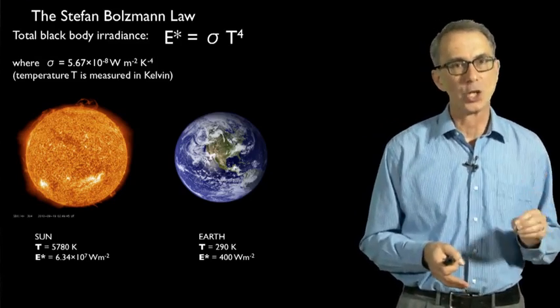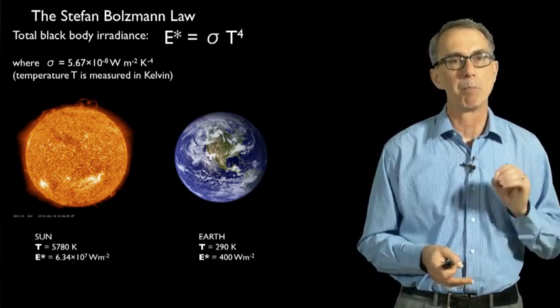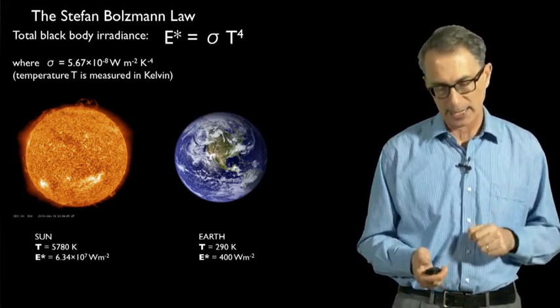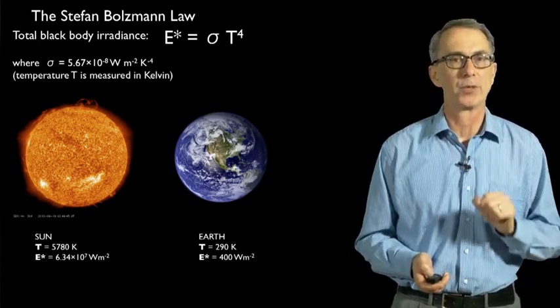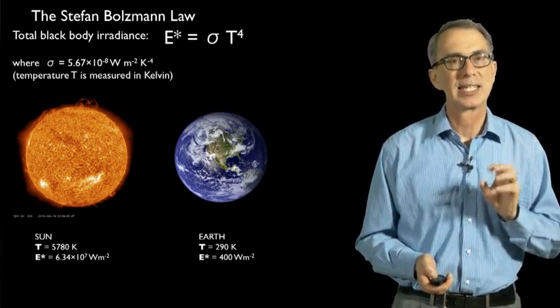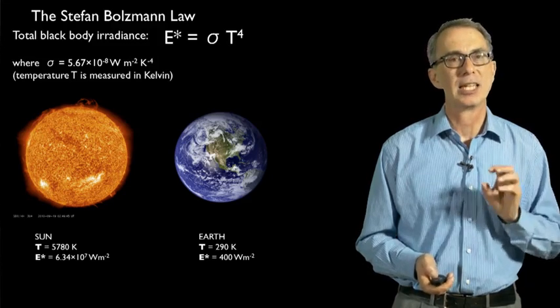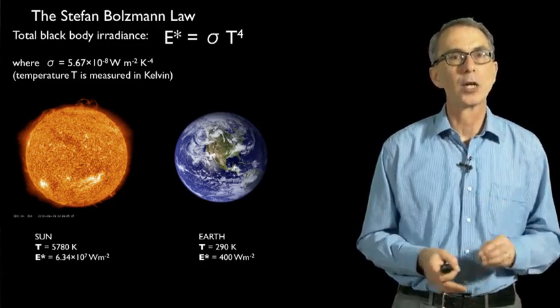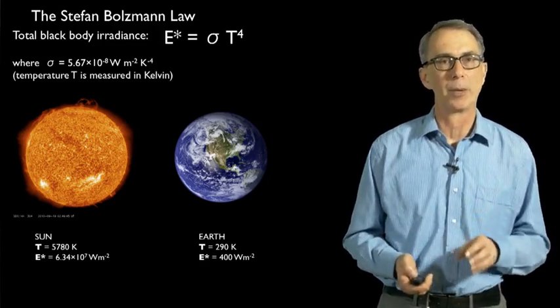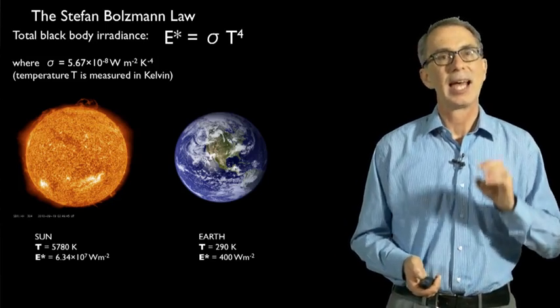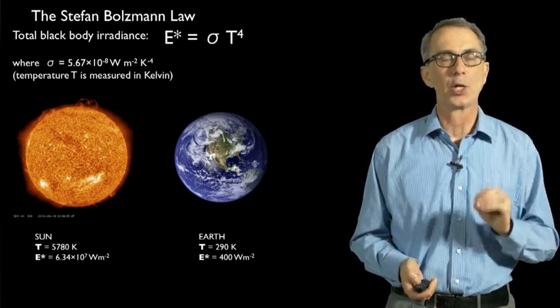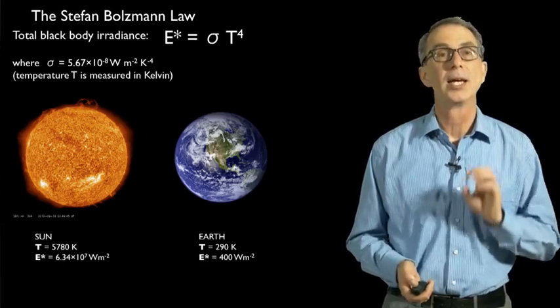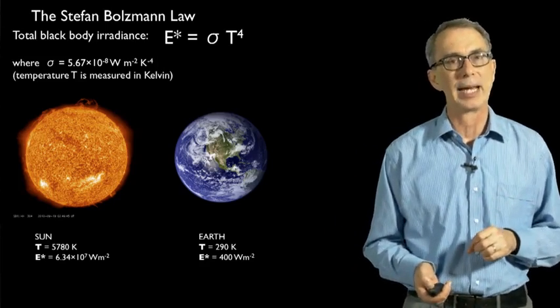But the energy emitted from the surface of the sun is many orders of magnitude greater than the energy emitted from the surface of the Earth, and that's because temperature affects the intensity of the emitted radiation. That variation is not linear, but to the fourth power of temperature. So as the temperature increases, the emitted energy increases rapidly. Temperature falls, emitted energy falls dramatically as well.